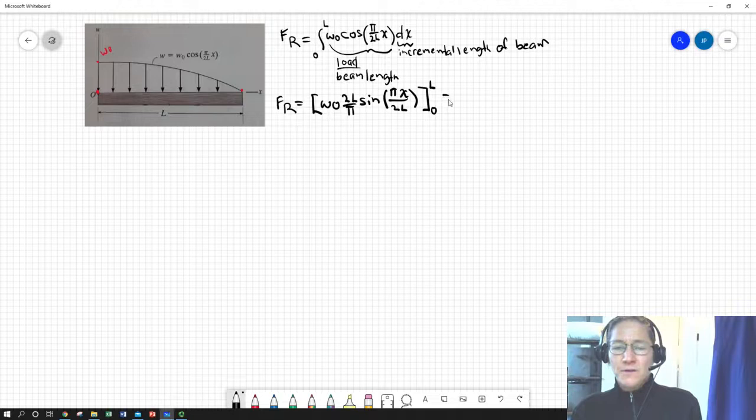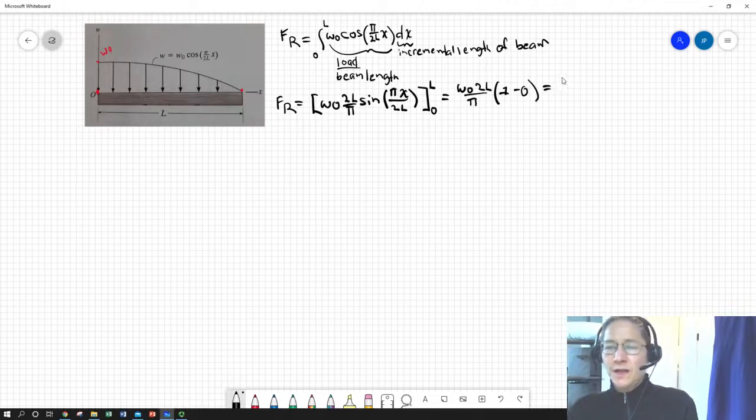So we can evaluate that expression between L and 0. We end up with W0 times 2L over pi times sine evaluated at L, where the L should cancel, giving me pi over 2, which is 1, minus sine evaluated at 0, which is 0.